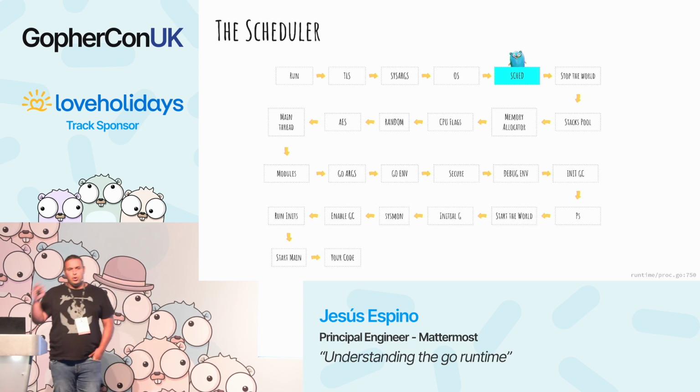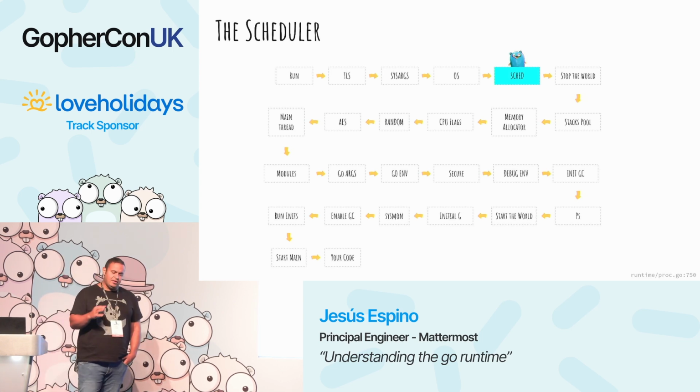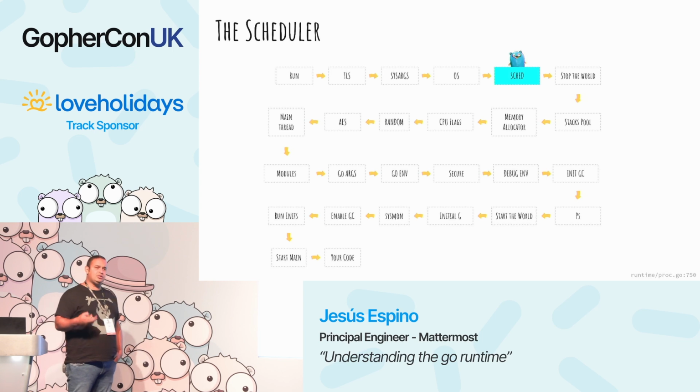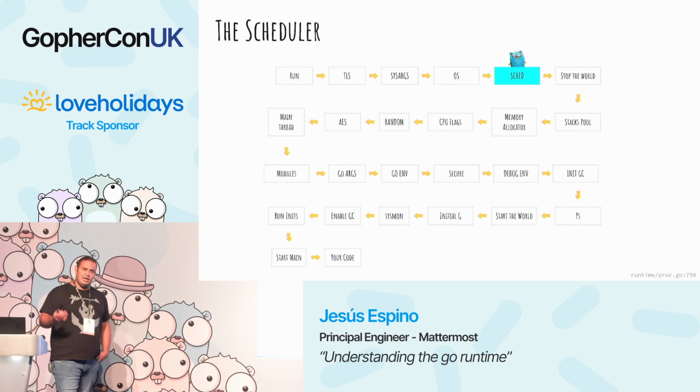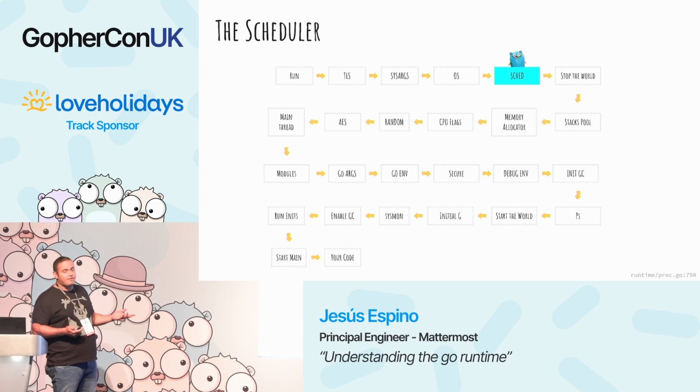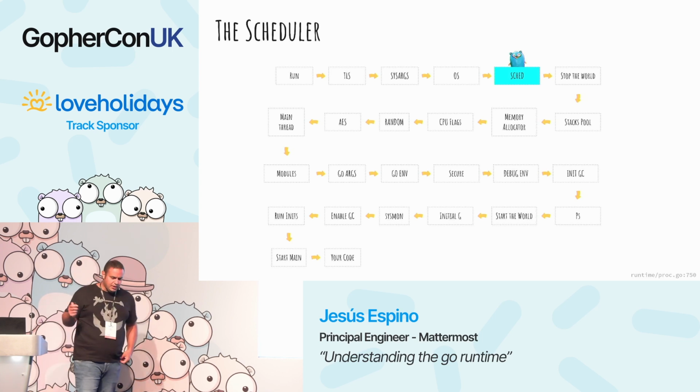So we are going to go through all the process, but everything that is going to happen there is related to the scheduler initialization. But let me talk a bit about the scheduler to give you some context for later. Whenever you see certain initializations, you will have more understanding of what is going on.